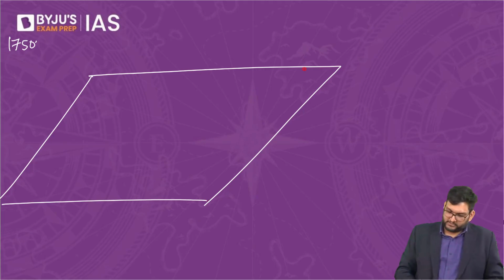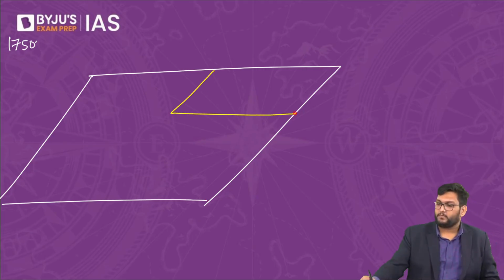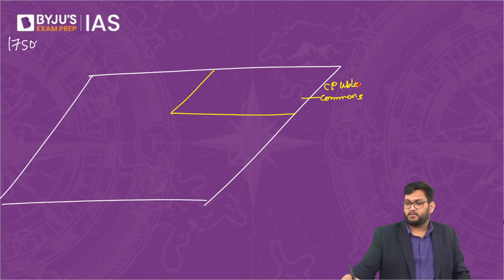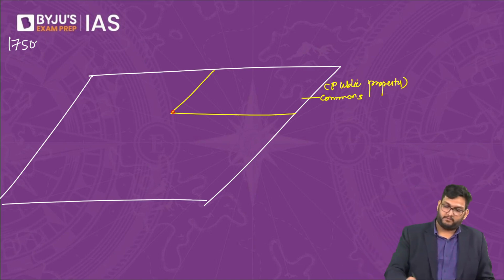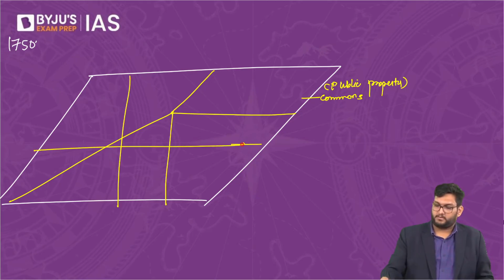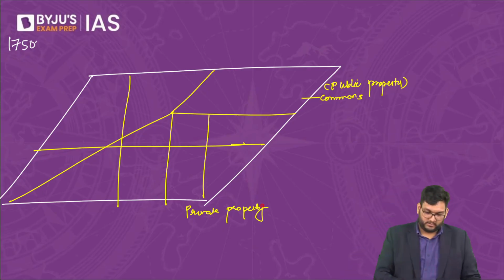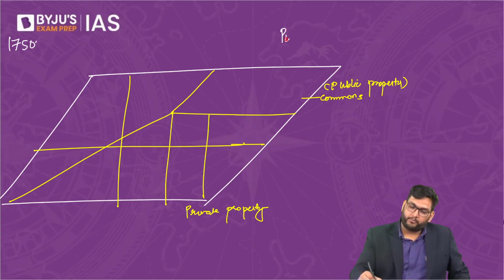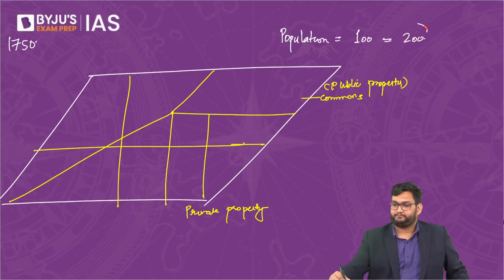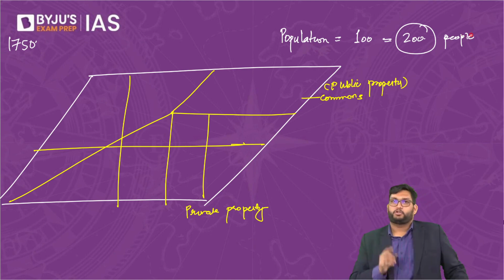We again have commons, public property, and we have private property. Now, the population of this village has increased from 100 to 200 people. The two occupations are farmer or agri labor.